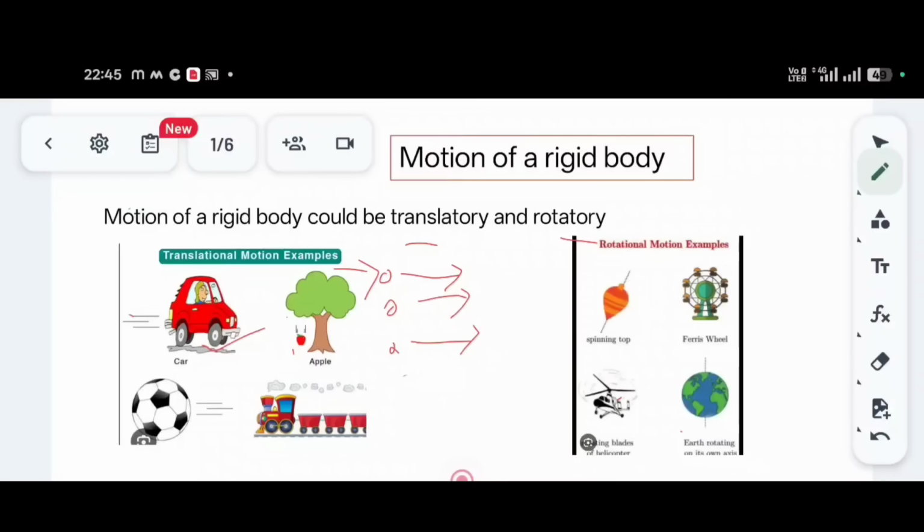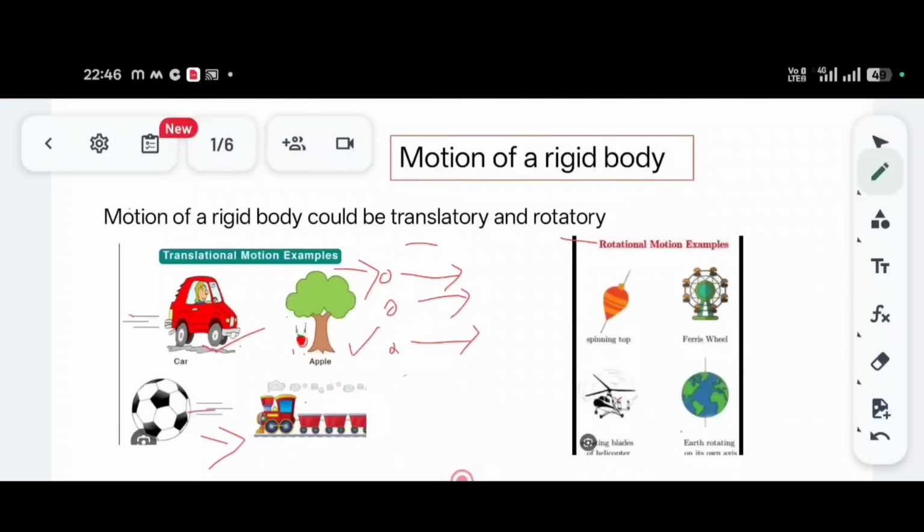Not only the car, the body of the car, the wheels, all are moving in a particular direction. In the second picture you can see an apple falling from the tree. Entirely the apple is falling in one straight direction. The train moving, and a football which is kicked moves in the forward direction. The body which will be moving in a particular direction, that is known as a translatory motion.